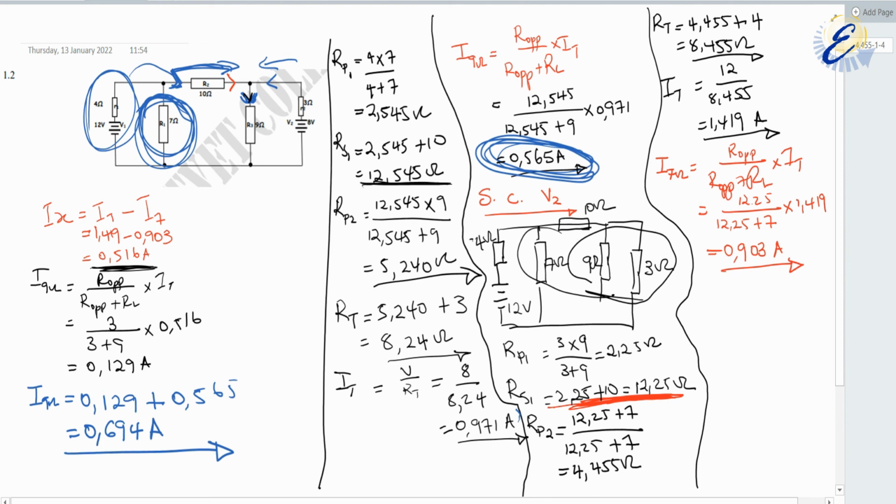After doing that, we can just use that as our IT in our current divider rule to find the current that will be obtained by 9, provided 3 becomes your opposite resistor. When you're done with that, you add the two currents that you've obtained. It may look a bit complex, but with practice, it will become very simple.